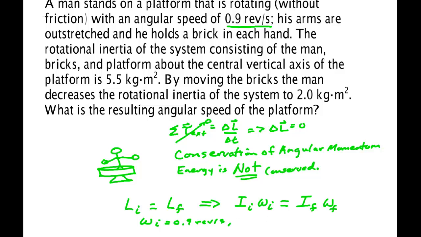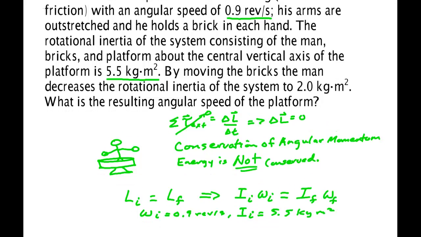What else do we know? It says that when he's on this thing initially, he has the bricks being held out, and his equivalent rotational inertia is 5.5 kilogram meter squared. So we have I initial, 5.5 kilogram meter squared. And then he brings the bricks in.